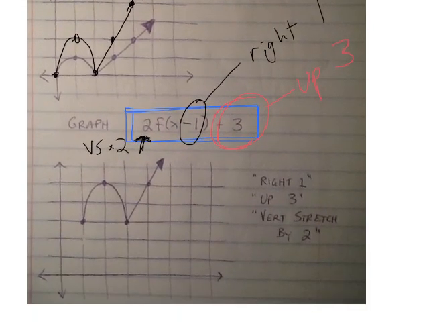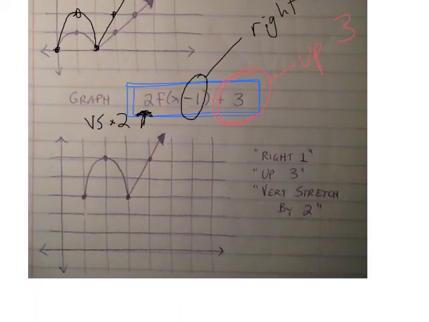So, drawn below, I've gone 1 unit right and then 3 units up. So my start point has moved, and then you can see the stretch is drawn on there. So this is a good graphical transformation where we took a graph and applied 3 different transformations to it.